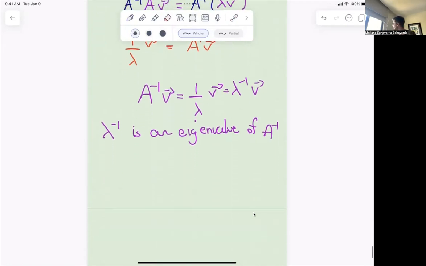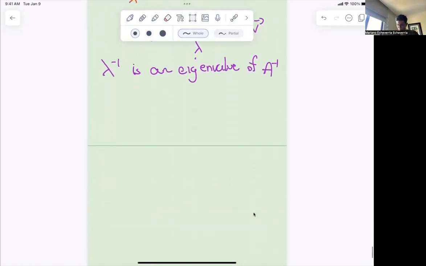Yeah, let's do one. Let's see. Which one should I do?